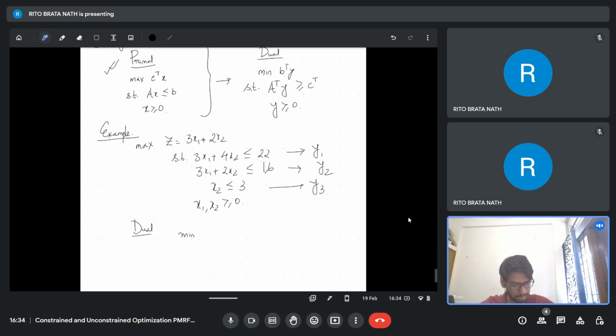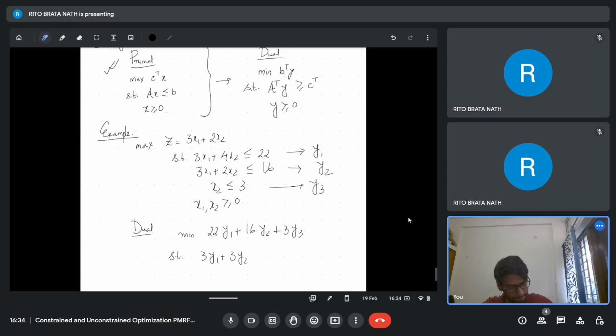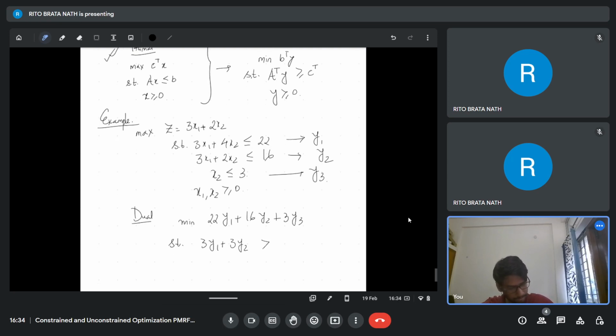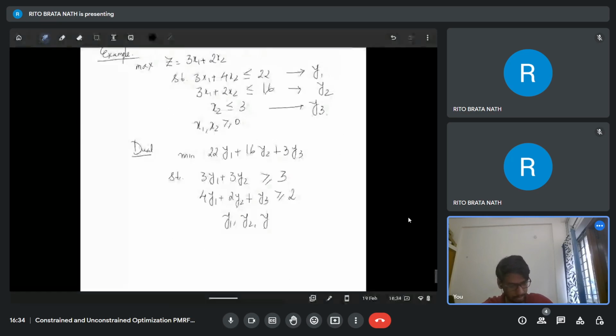So what you will see is 22 Y1 plus 16 Y2 plus 3 Y3 subject to 3 Y1 plus 3 Y2 greater than or equal to 3, and for the next one, 4 Y1 plus 2 Y2 plus Y3 greater than or equal to 2, right? And your corresponding variables will be greater than or equal to 0.